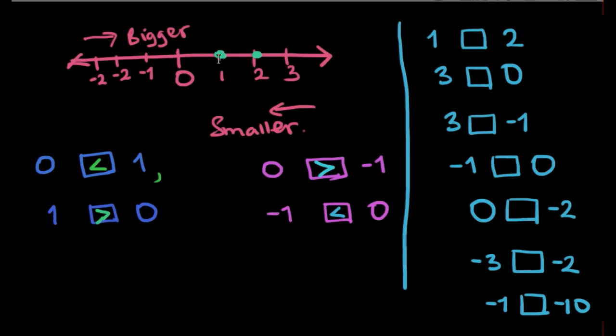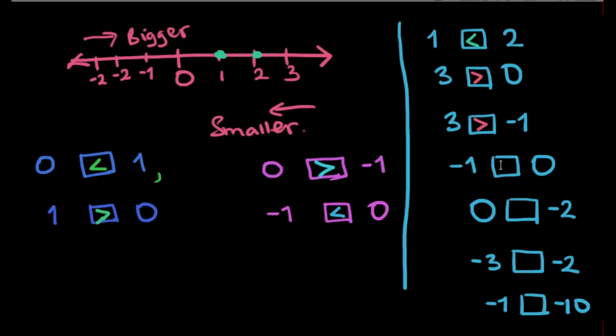So if you have 1 and 2, 1 is small. If we have 3 and 0, 3 is big. 3 and negative 1, 3 is big.